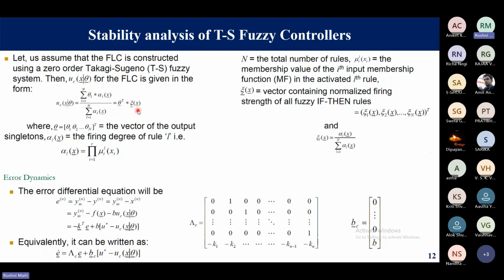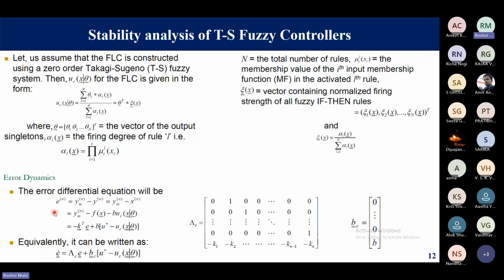It may be the model of the original system, the model of the observer, or the model of the controller. Any kind of model we can now develop by using this fuzzy logic, where we have the ultimate value as this theta into zeta.